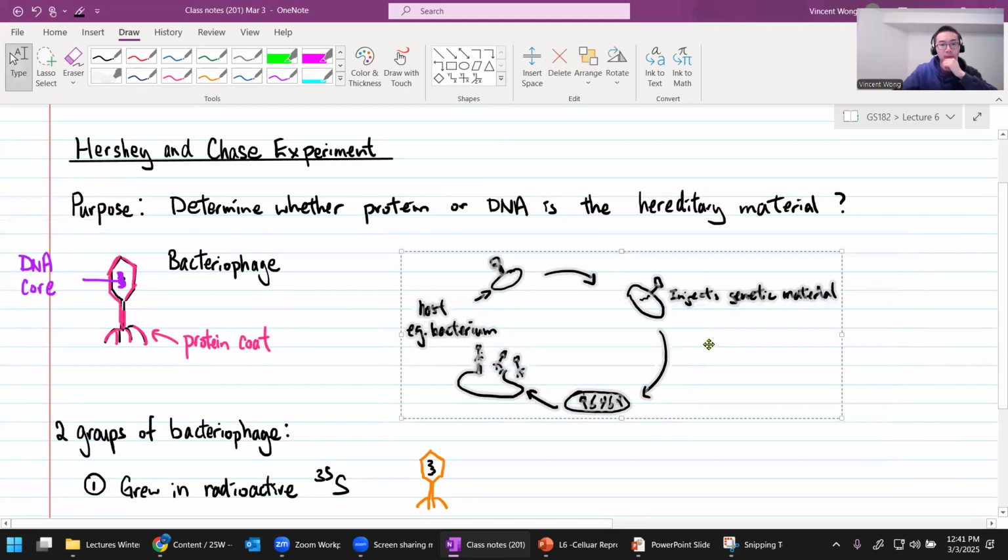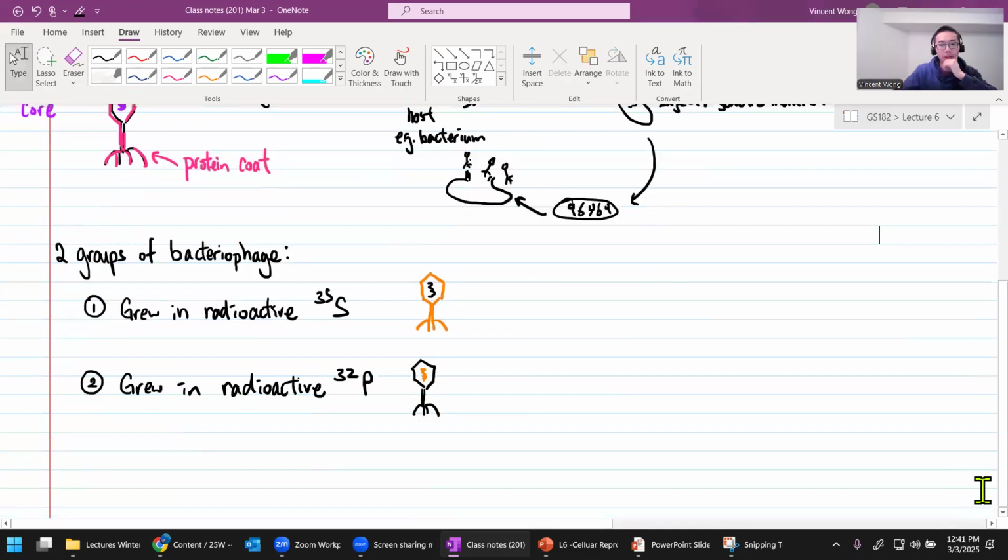All right. I'm going to tell you something else here before we move on. As you can imagine, the next thing they'll do is they're going to infect the bacteria with these viruses. And what happens is, after they infect the bacteria, they actually use a blender because they didn't have sophisticated instruments back then.